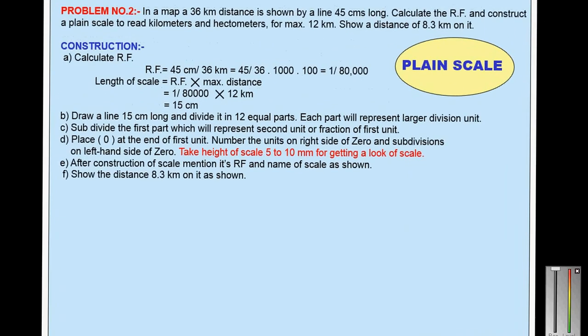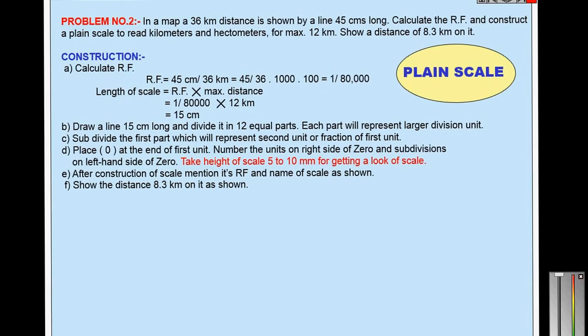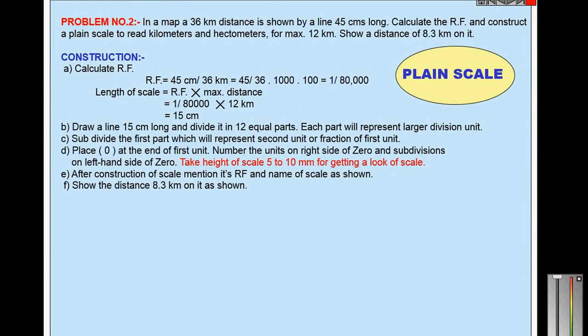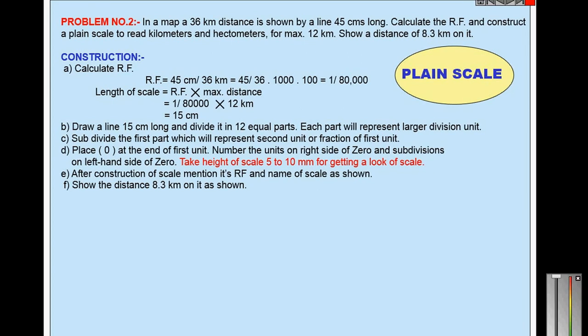And the second question is, in a map, a 36 kilometer distance is shown by a line 45 centimeters long. Calculate the RF and construct a plane scale to read kilometers and hectometers for maximum 12 kilometer. Show a distance of 8.3 kilometer on it.